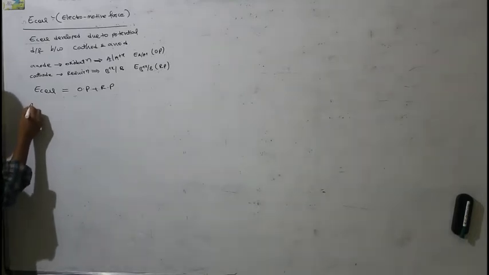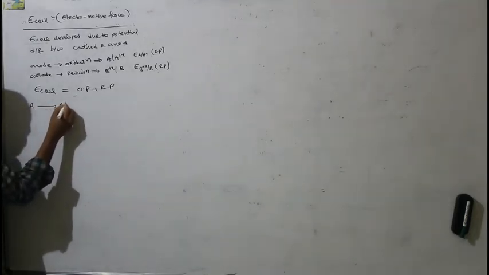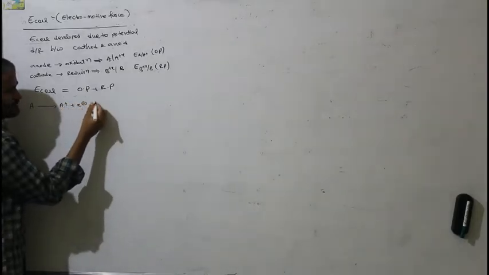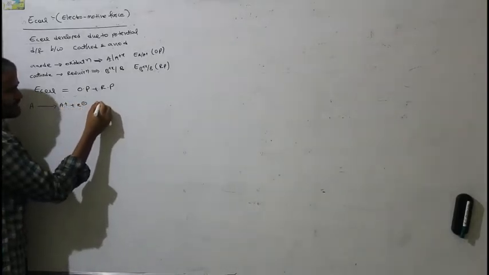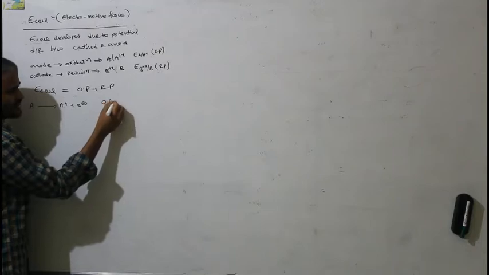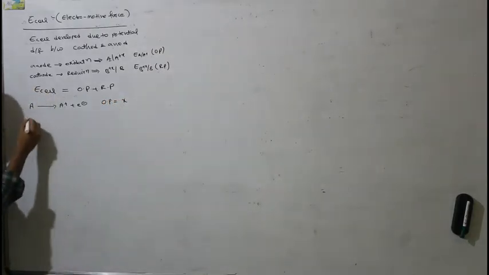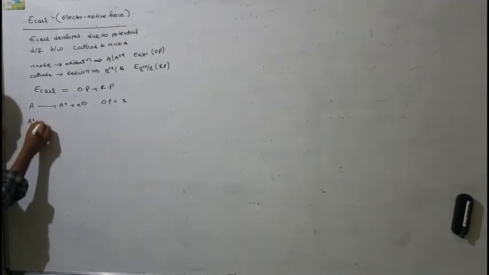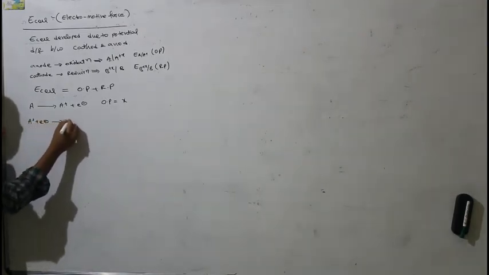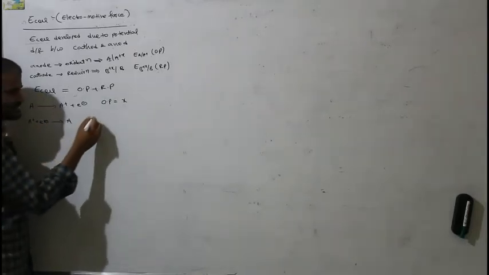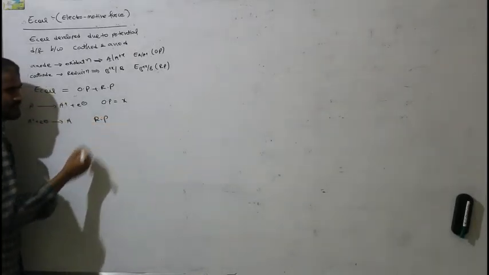For example, A undergoing change into A plus by loss of one electron. Here I will write it as electrode potential, oxidation potential, equal to X, I am taking. If the same reaction, A plus accepting one electron becoming A, here what is happening? A plus accepting an electron, it is called reduction potential.